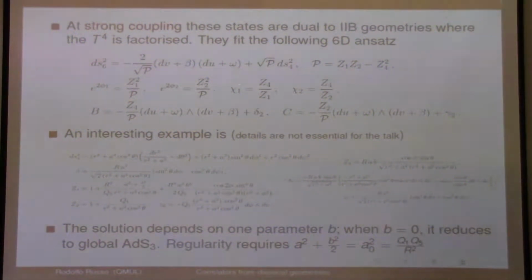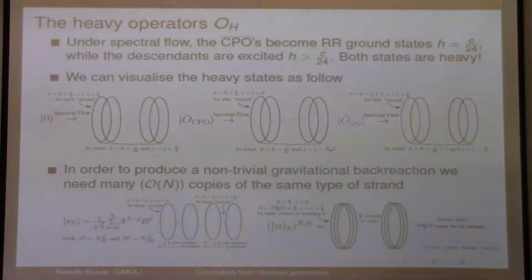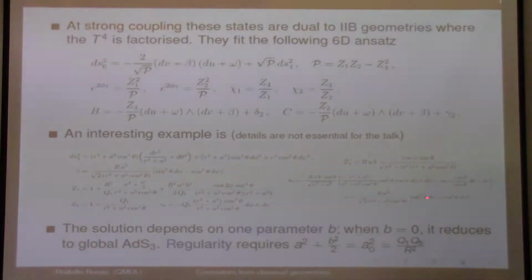You see they depend on two parameters, small a and small b, that are directly related to the big A and big B. So there is a one-to-one map, and the claim is very precise: this coherent-type state is dual to this geometry.